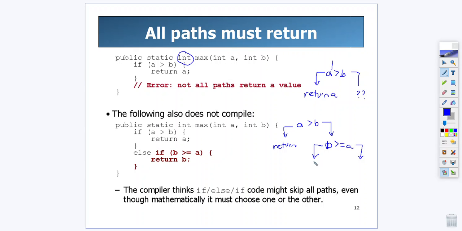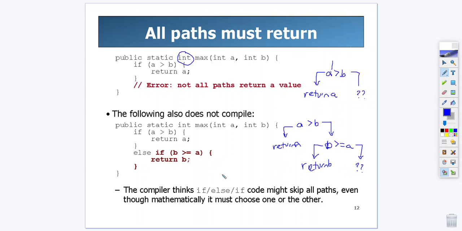Even if in your brain, you're like, well, this encompasses all possibilities, logically to your computer, you had a true path and you have a false path, but what is being returned on your false path? And the answer is nothing.